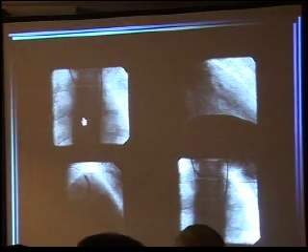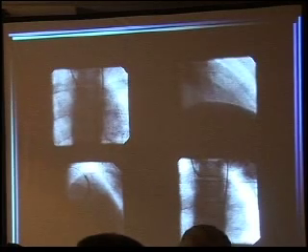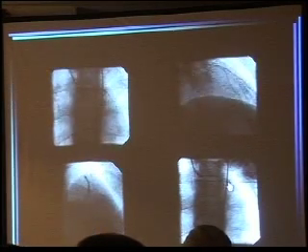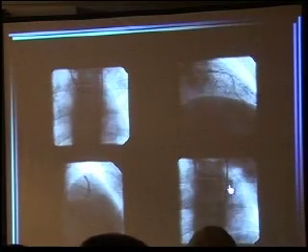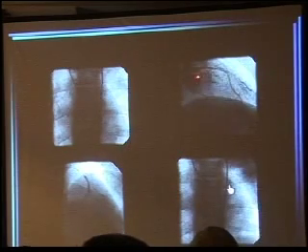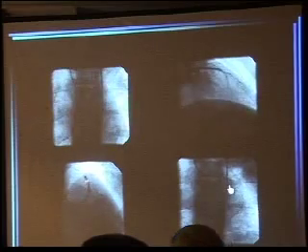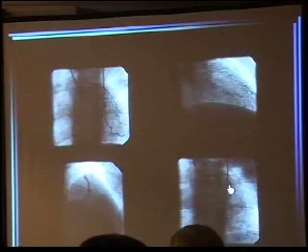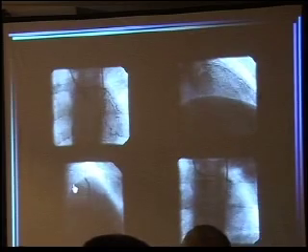Let me show you one good example of left main ostial disease. A tight left main ostial disease. That's a very, very tight ostial left main disease. The patient also had a mid-LAD lesion for which one stent was used.